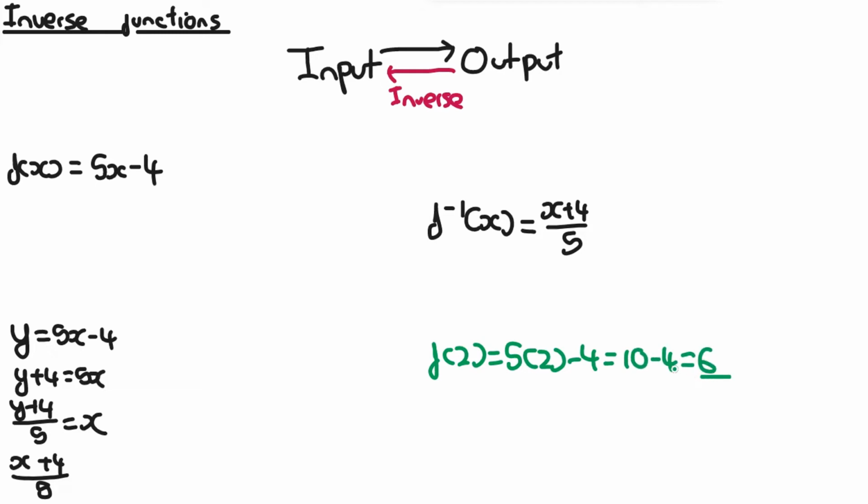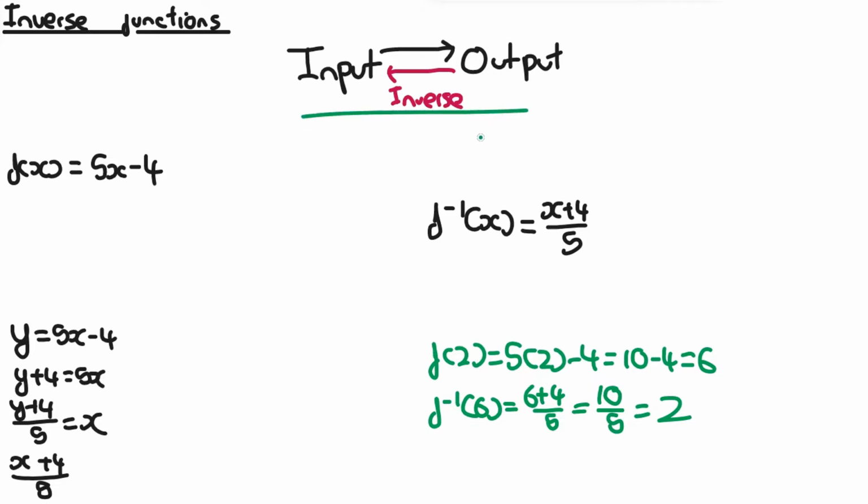So this is the output, and then we put this output into the inverse, so it's going to be f minus 1 of 6, which is going to be equal to this function here, which is 6 plus 4 over 5, which is equal to 10 over 5, which is equal to 2, and 2 is the original input that we put in at the start. So the inverse converts the output back into the input.